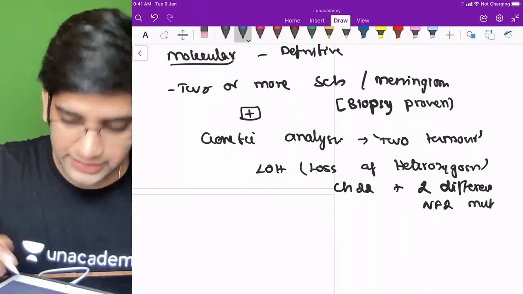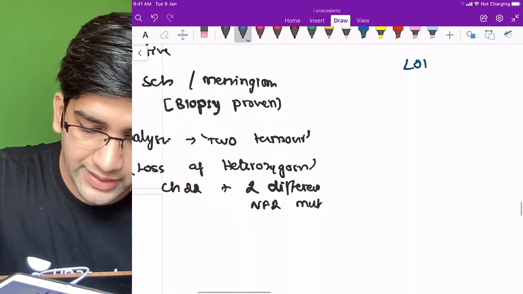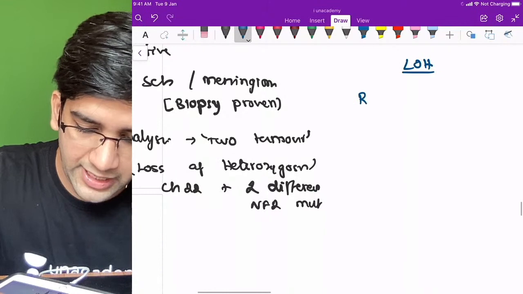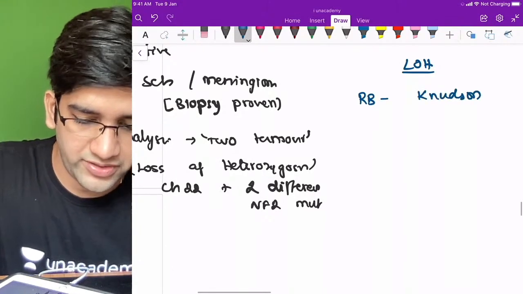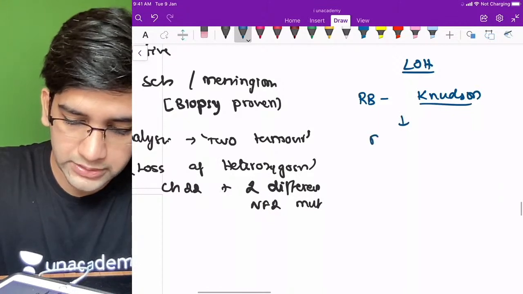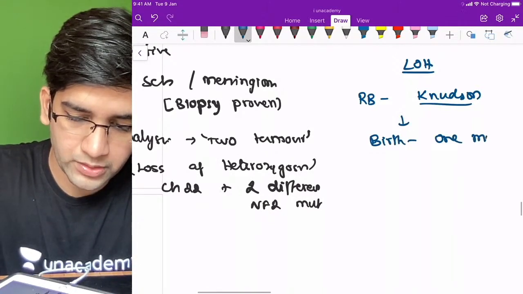I'll just go back before coming to the clinical criteria. I'll just explain loss of heterozygosity. When I say LOH, let's take RB gene and your Knudson's hypothesis. What Knudson's hypothesis said was, at birth there will be one mutation.